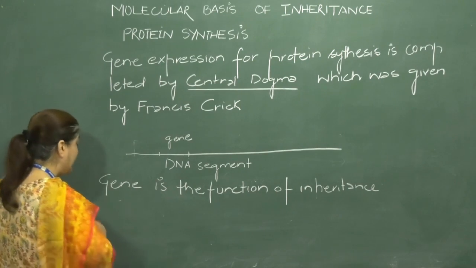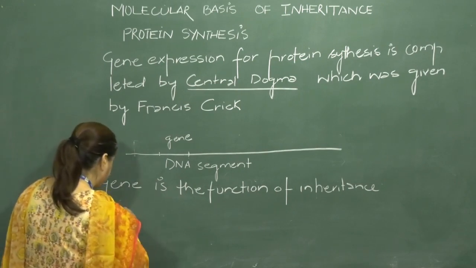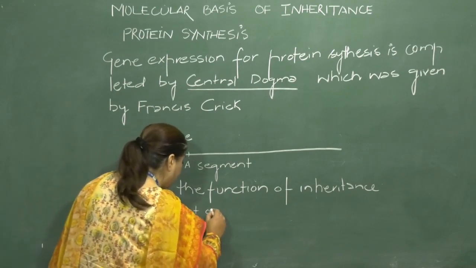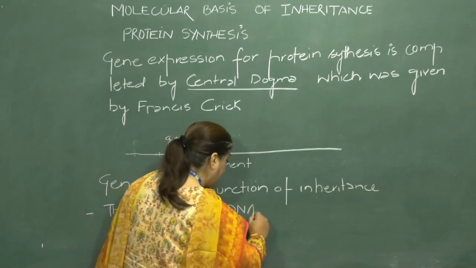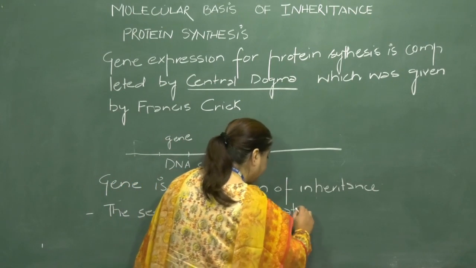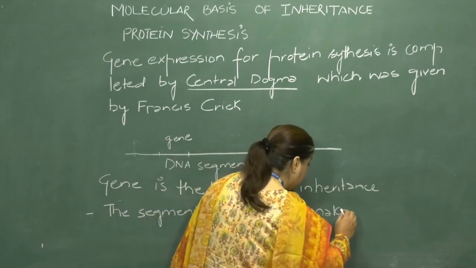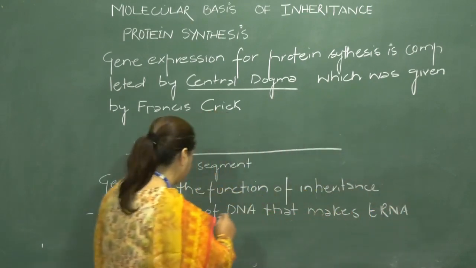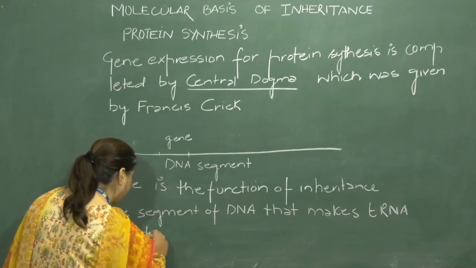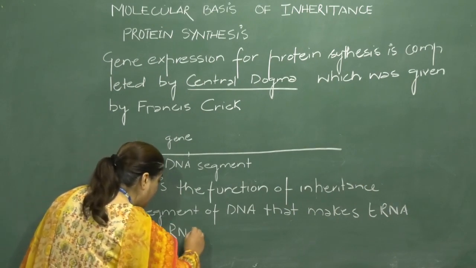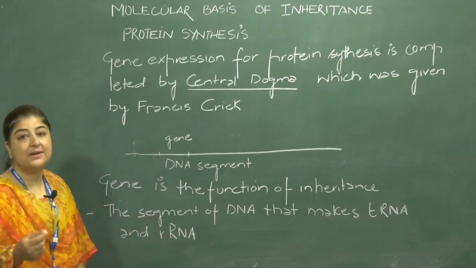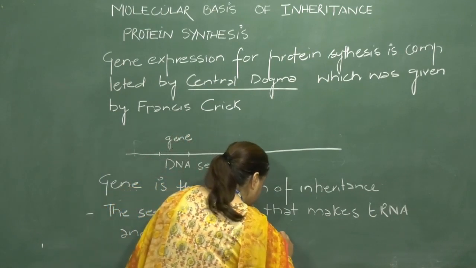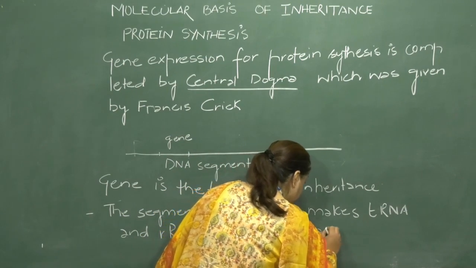Now, apart from that, the segment of DNA that makes tRNA, that's the transfer RNA, and rRNA, that's ribosomal RNA, is also termed as gene.